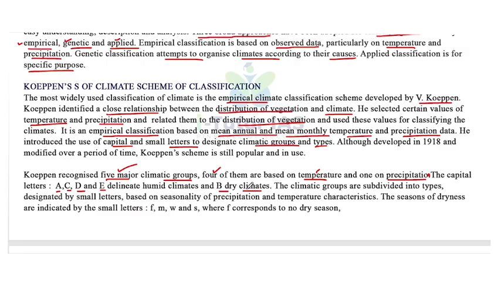The climatic groups are subdivided into types designated by small letters based on seasonality of precipitation and temperature characteristics.